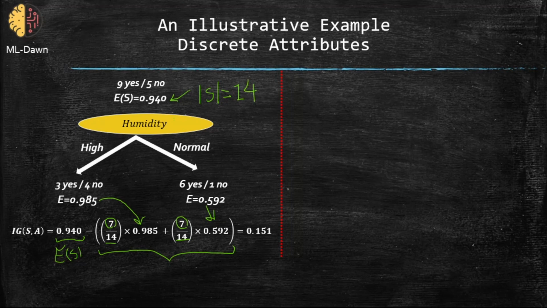So what does this weight really tell us? What does this 7 over 14 tell us? It tells us that if we use humidity, and if we look at the right hand side of the resulting subset, which has 6 yeses and 1 no, the entropy would be 0.59, and this 7 over 14 tells us about the proportional size of the resulting subset.